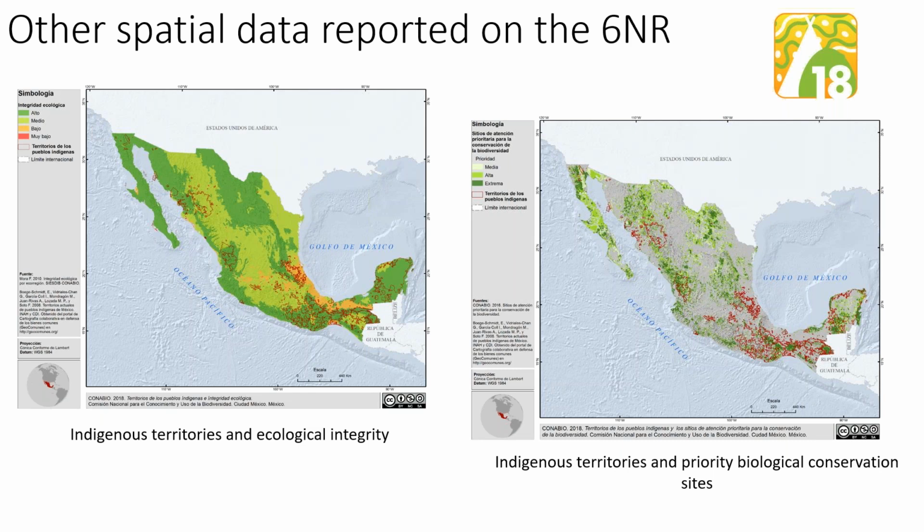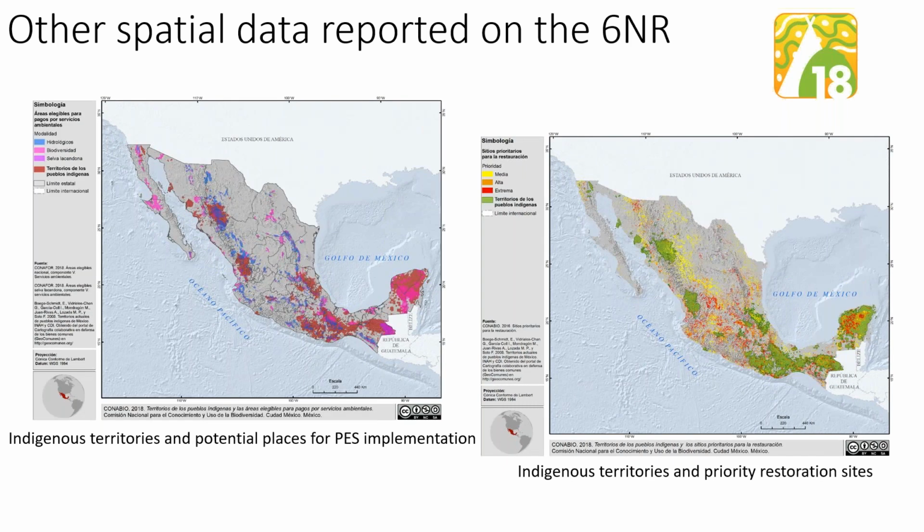Next slide, please. These maps are showing us the overlapping between indigenous territories and potential places for pay for environmental services implementation and priority restoration sites. This is important.